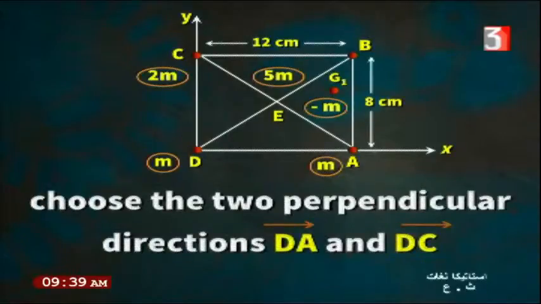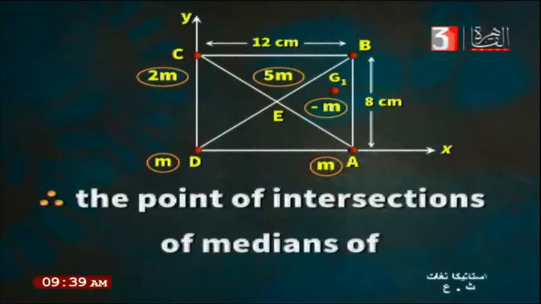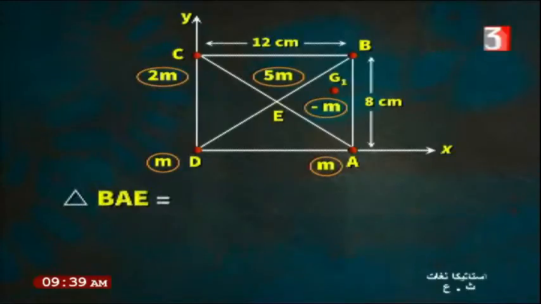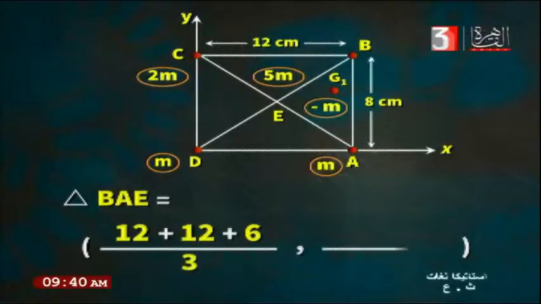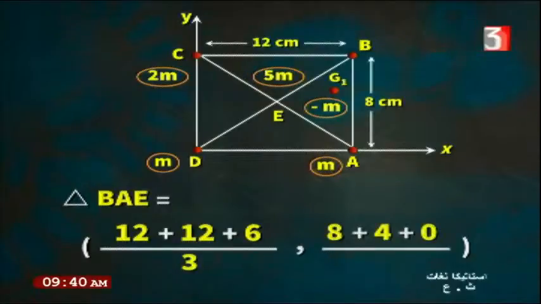And choose the two perpendicular directions DA and DC to represent the x and y axes. Therefore, the point of intersection of medians of triangle BAE, the centroid, is x1 plus x2 plus x3 over 3, y1 plus y2 plus y3 over 3.